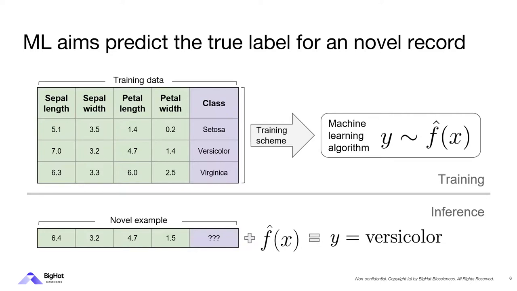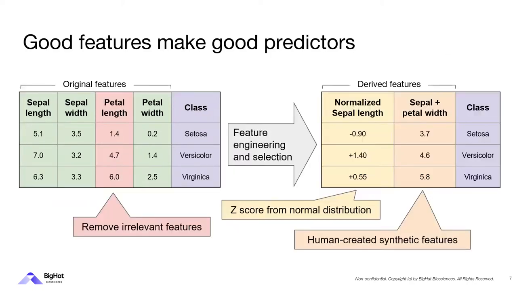So you would send this matrix of n records by p features and an output label into the algorithm, and it would adjust its internal parameters to maximize the predictive accuracy. And the fundamental difference among all machine learning algorithms is just what is the form of that function f-hat, and how exactly do you train it. A key concept to understand in machine learning is that good predictors come from good features.